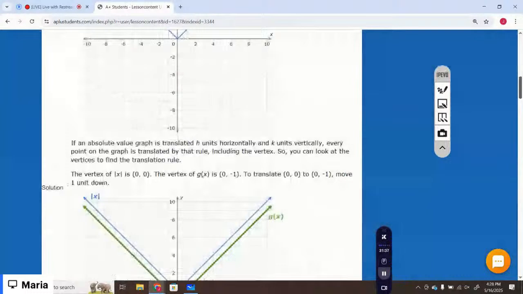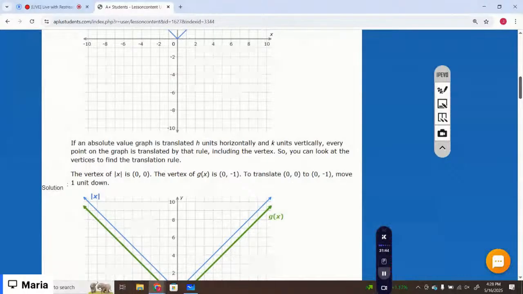An absolute value graph is translated h units horizontally and k units vertically. Every point on the graph is translated by the arrow, including the vertex. So you can look at the vertices to find the translation.